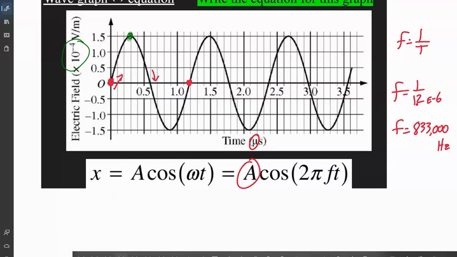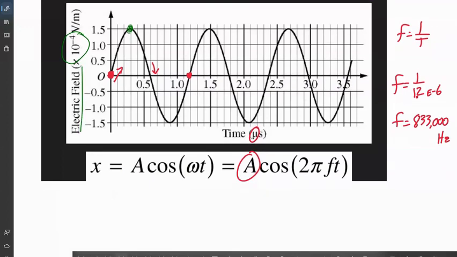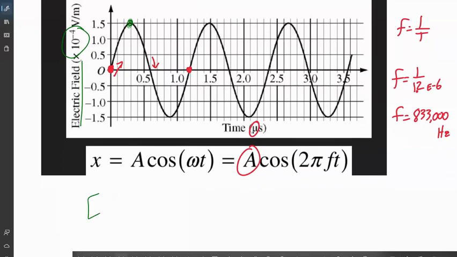And this is our electric field, 1.5 times 10 to the minus 4 volts per meter. So I can say that my electric field is equal to my amplitude, 1.5 times 10 to the minus 4, times the, and this one, I know the equation says cosine, but it does need to be sine because it starts at 0 and then goes up.